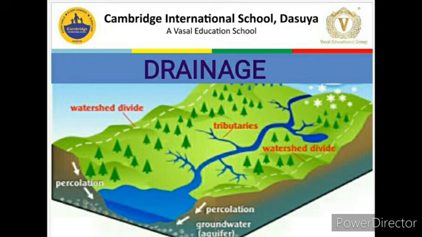I hope you are able to know the meaning of tributary and distributary. Tributary means contributing to the river, like you can see in the picture. A small stream is adding into the river, while distributary means dividing the river into small streams.